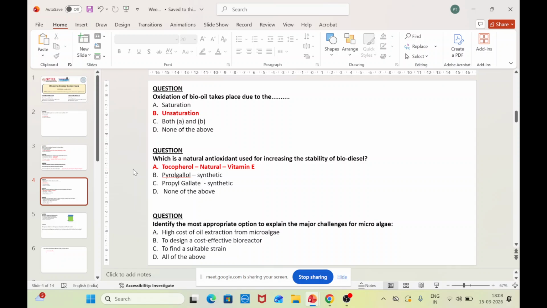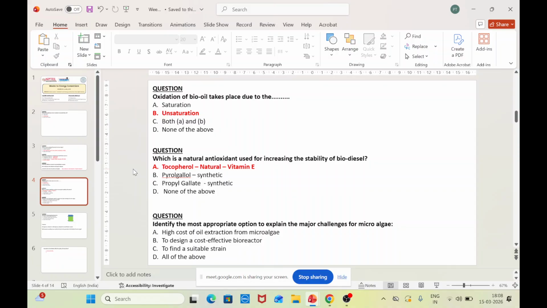So next question, identify the most appropriate option that explains the major challenges for microalgae. Is it the high cost of oil extraction, or is it basically defining a cost effective bioreactor, or is it about finding a suitable strain for microalgae, or is it all of the above?